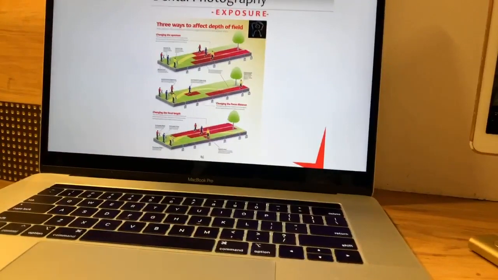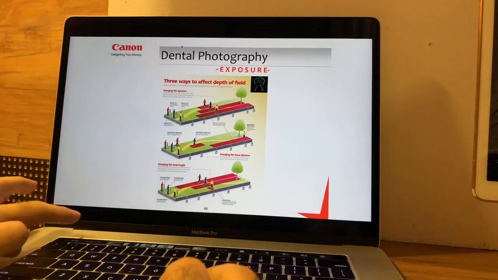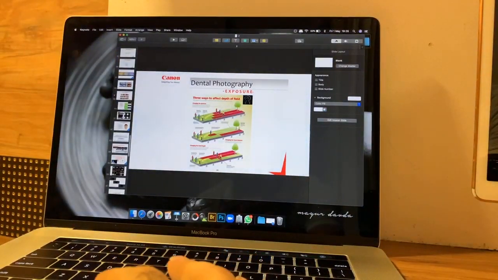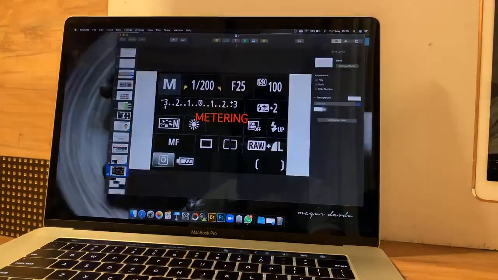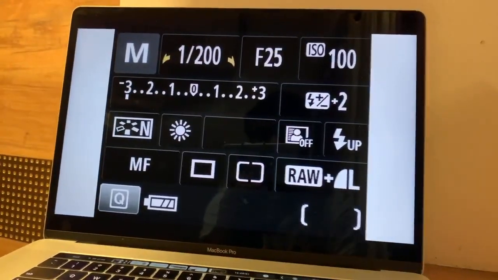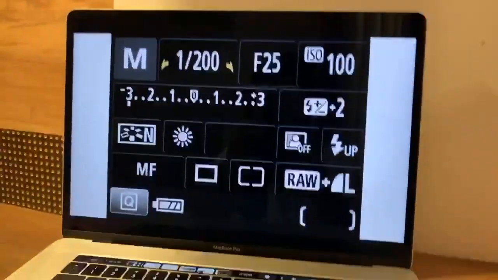And now we start off with our main subject, that is metering. All right, so let's go ahead and do our session today on metering. What do we understand by metering? What is metering? Let's go ahead and understand that.